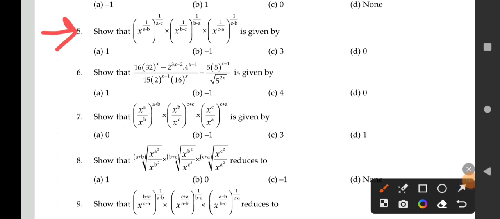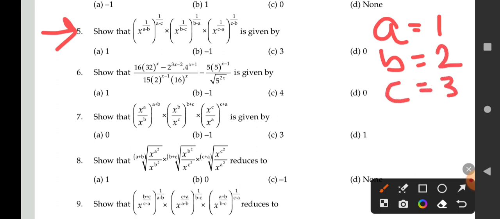So here we cannot substitute a, b, c with the same number, for example 1, 1, 1, since the denominator in the powers becomes 0 and it can become undefined. Hence we are going to assume a is equal to 1, b is equal to 2 and c is equal to 3.